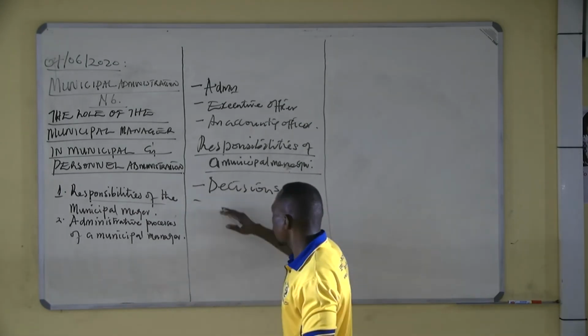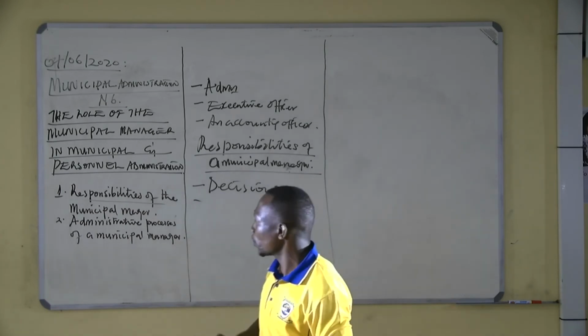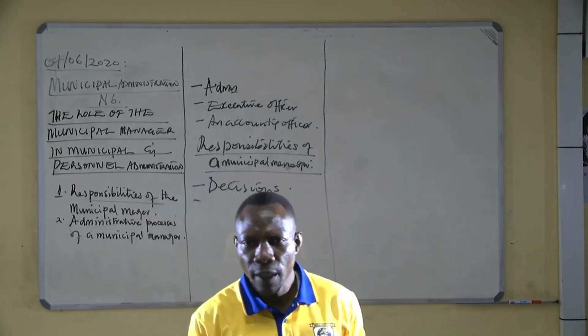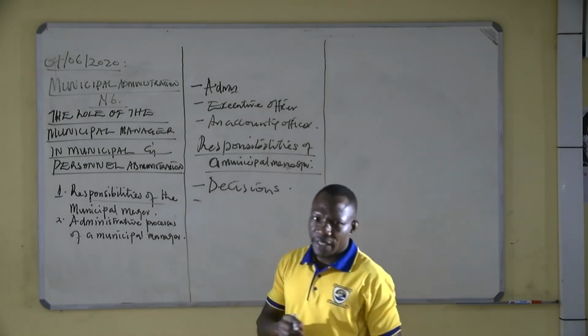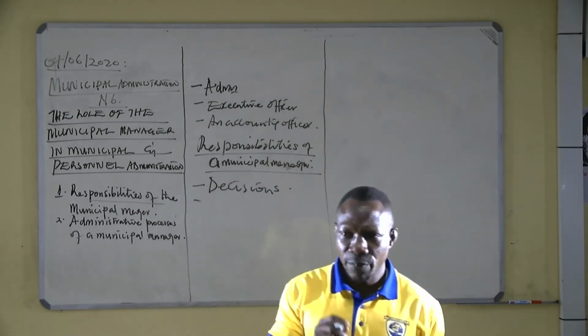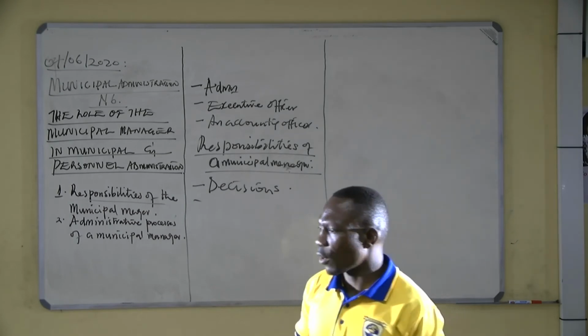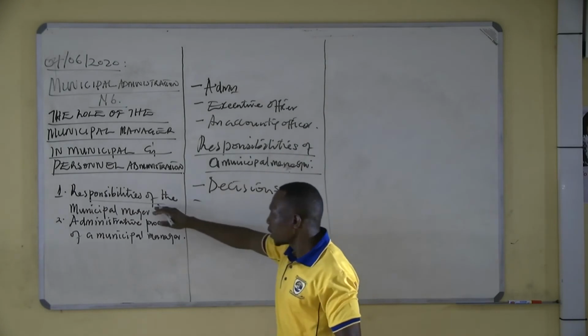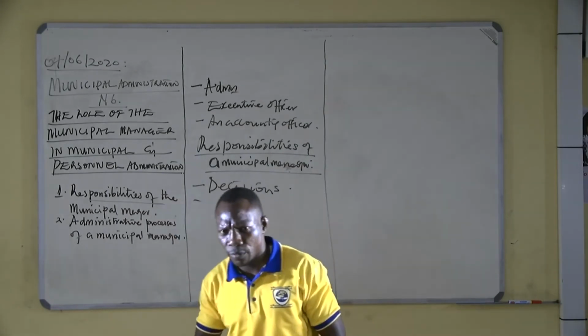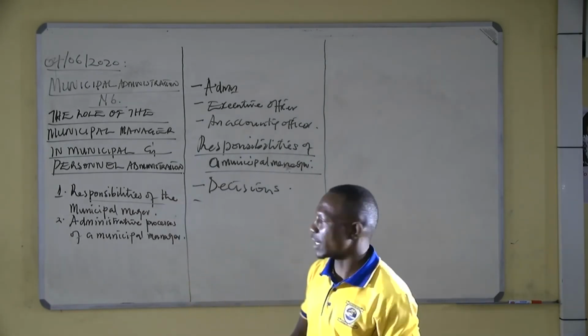A municipal manager is also responsible for making sure that he attends the meetings of the municipal council, meetings of the council committees, meetings of the chief officials, stroke the heads of departments, and also several other meetings.